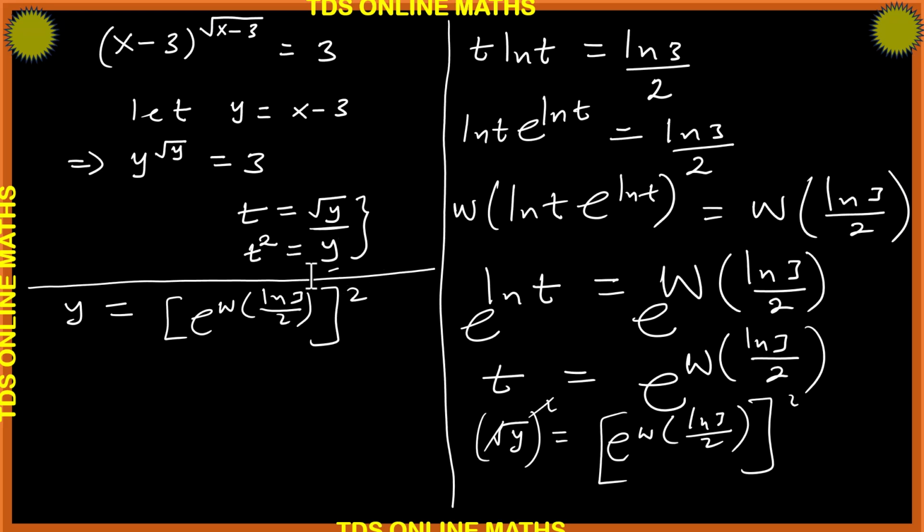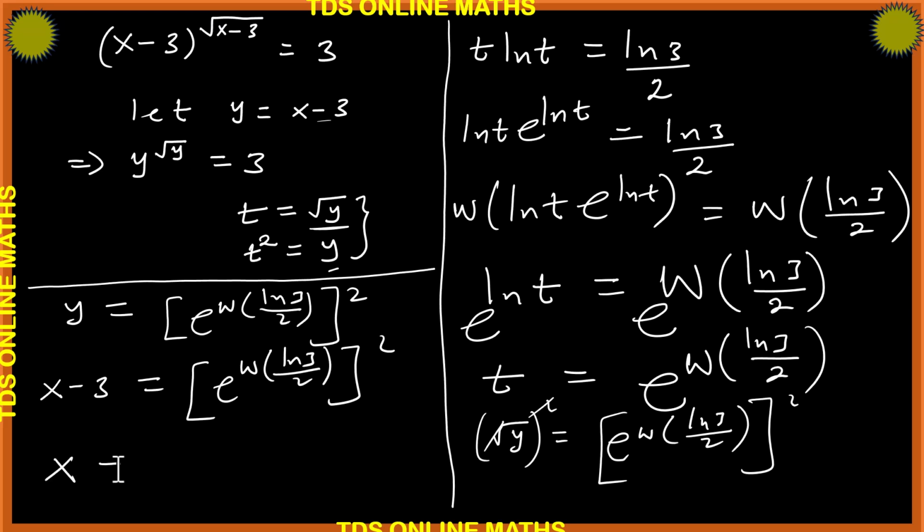But we haven't finished. We are after x. Meanwhile, y equals x minus 3. So let's do this last substitution. So we have this squared. Let's add 3 to both sides.